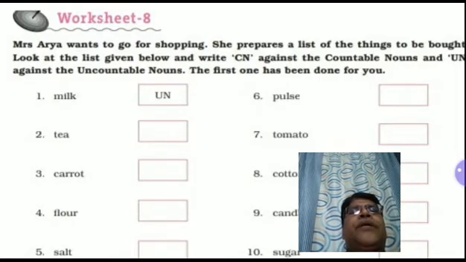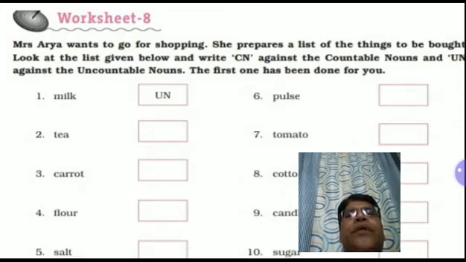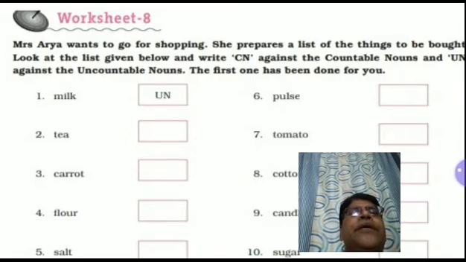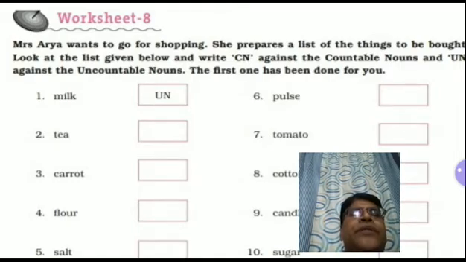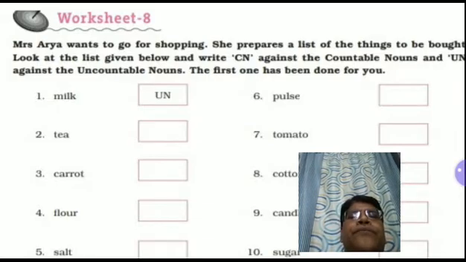The second, tea, is an uncountable noun. That's why UN. You have to put UN in this box. The third, carrot, is a countable noun. That's why you have to write CN in this box. Number 4, flower. You know it. This is again an uncountable noun, that's why UN.